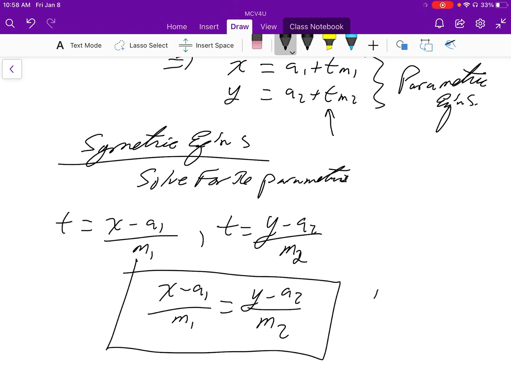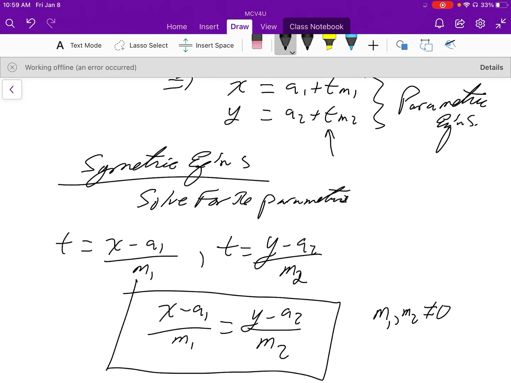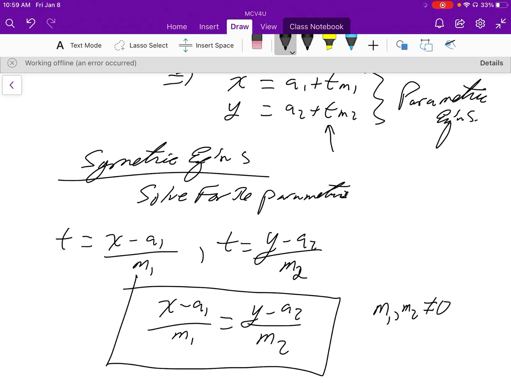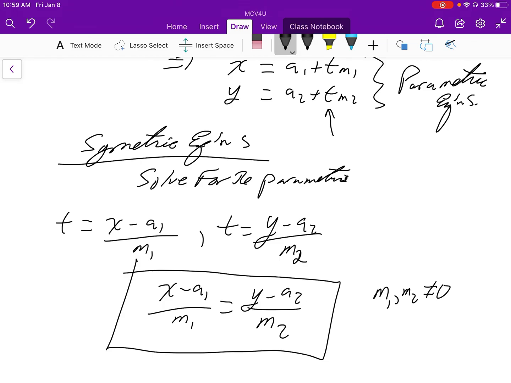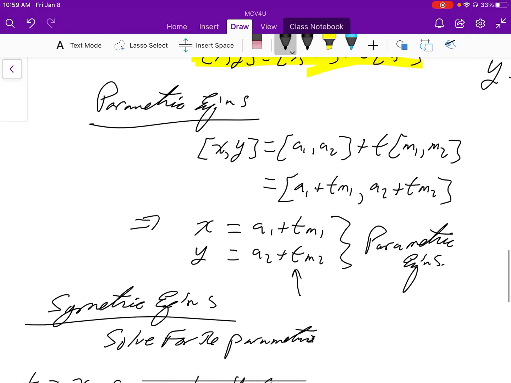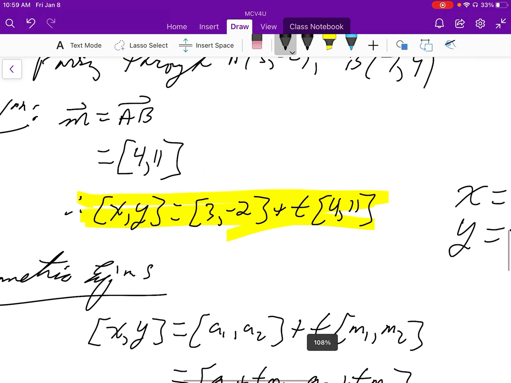And this is assuming that m1 and m2 do not equal 0. We'll have cases of those later on in 3D, which we'll talk about. Okay. But it's just playing with the numbers, doing some algebra, and going around, isolating for certain things. Okay. We have the vector equation, right?